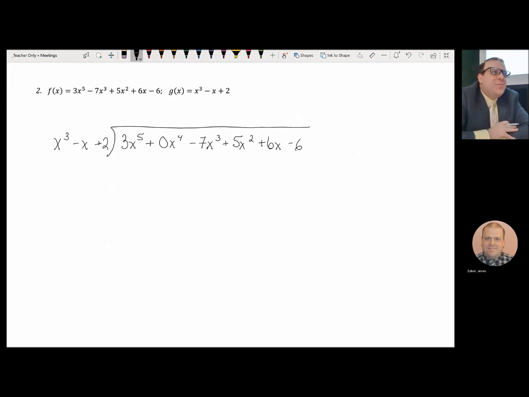So you look at the leading term of the dividend. What is it? What's the leading term of the divisor? What do you have to multiply x cubed by to get 3x to the 5th? So multiply by 3x squared.